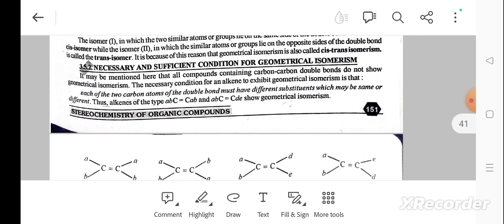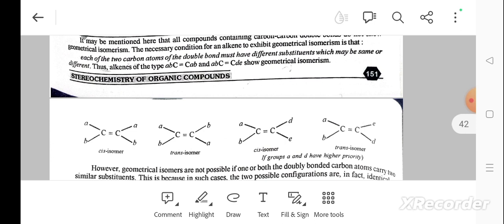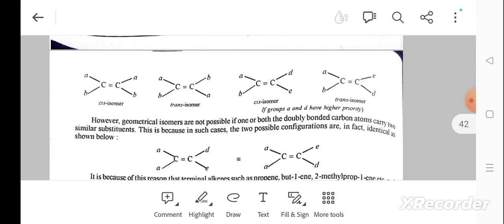It may be mentioned here that not all compounds containing a carbon-carbon double bond show geometrical isomerism. The necessary condition for an alkene to exhibit geometrical isomerism is that each of the two carbon atoms of the double bond must have two different substituents. Thus, alkenes of the type ABC=CAB and ABC=CDE show geometrical isomerism.